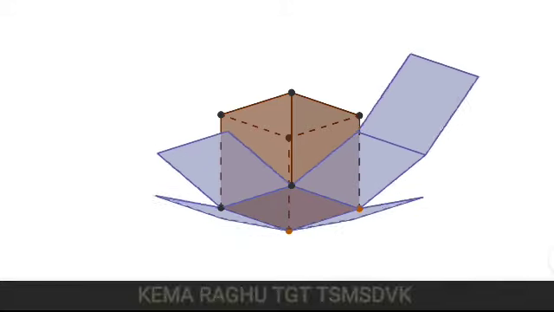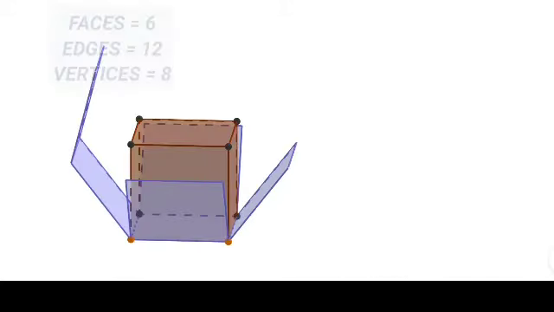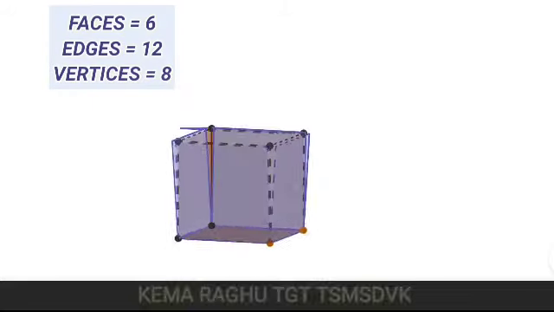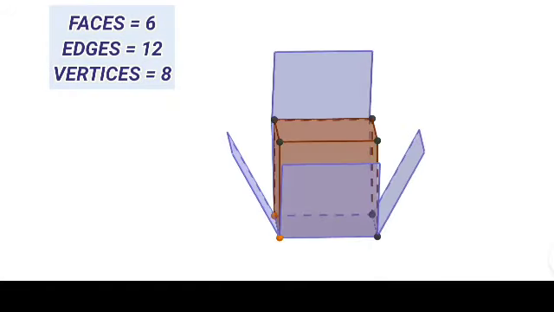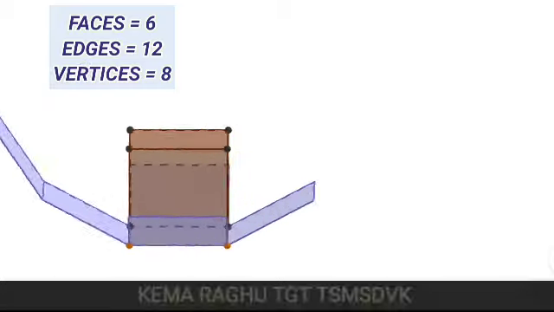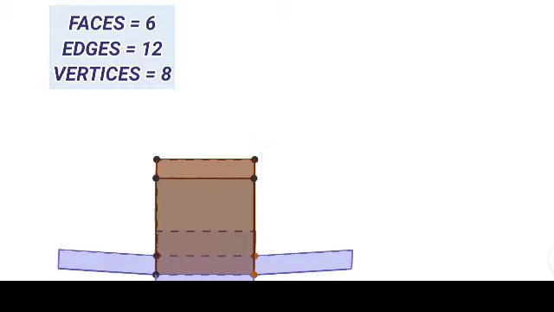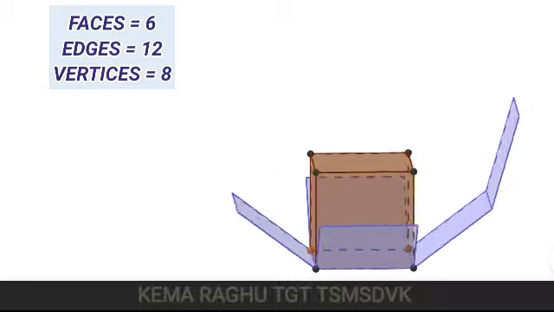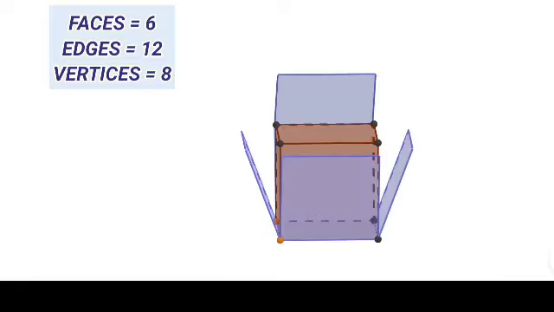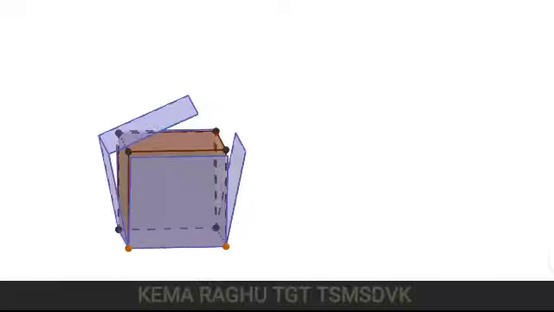Here you can see in a purple color, which is called a net, which is used to make a cube. Thus it has 6 faces, 12 edges and 8 vertices, which forms a cube.